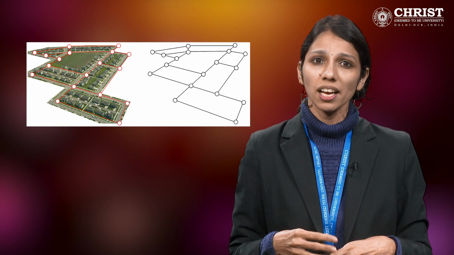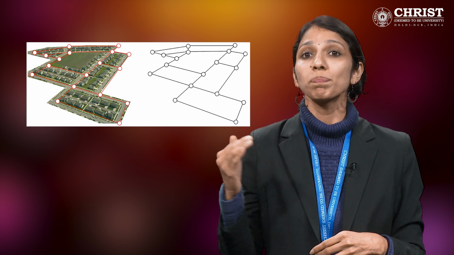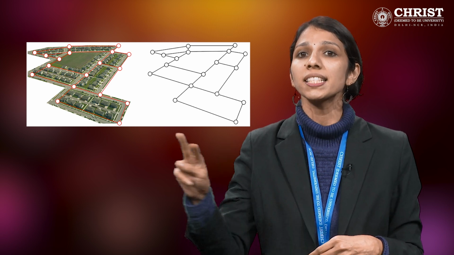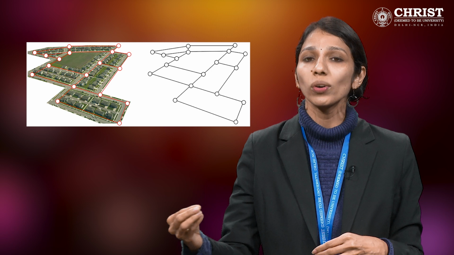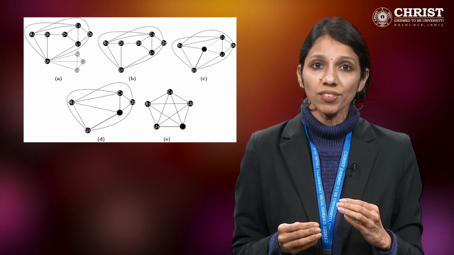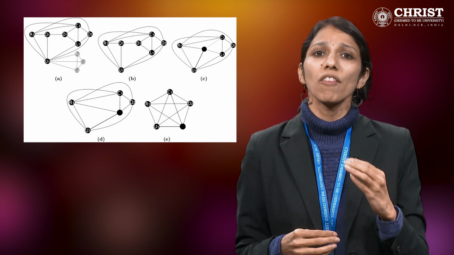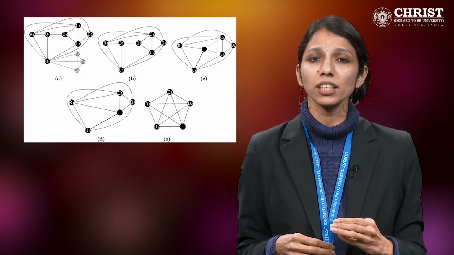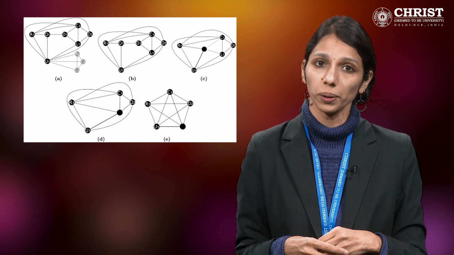Using graph models, we can determine whether it is possible to walk down all the streets in a city without going down a street twice. And we can find the number of colors needed to color the regions of a map. Graphs can be used to determine whether a circuit can be implemented on a planar circuit board.